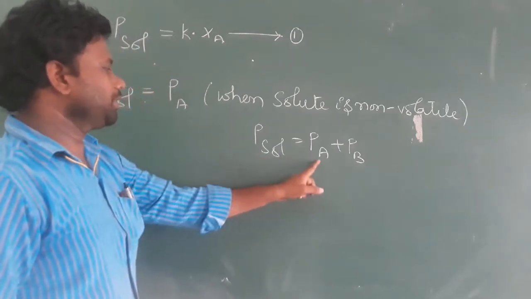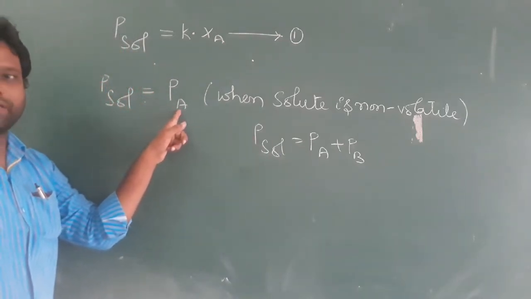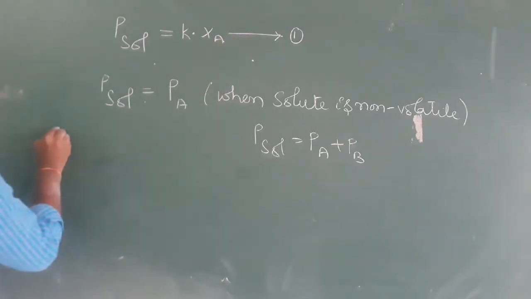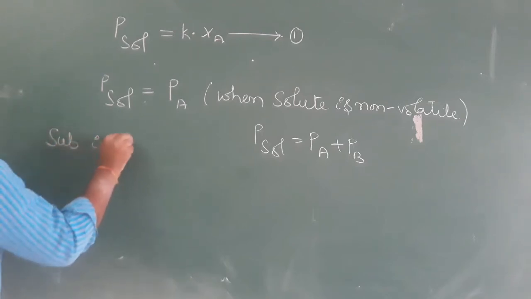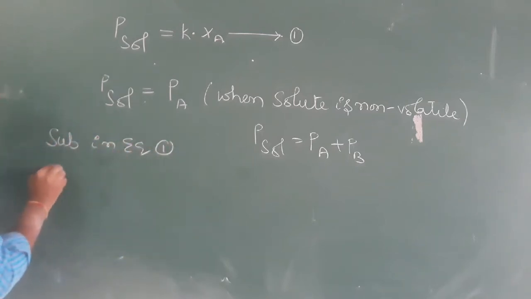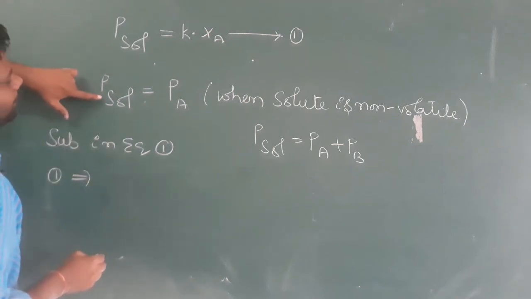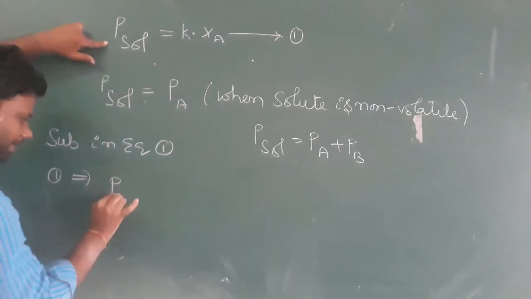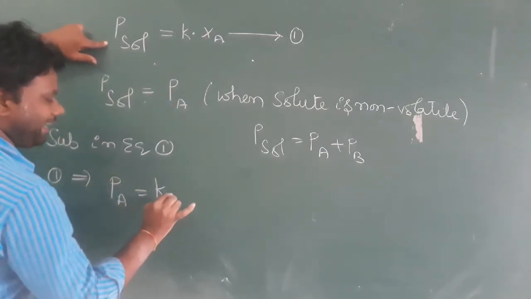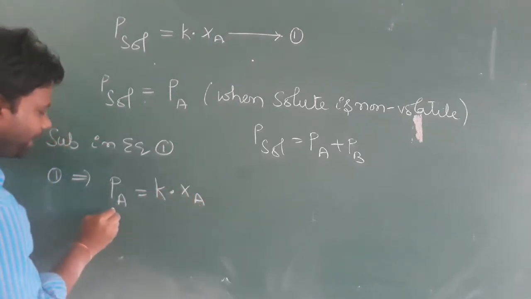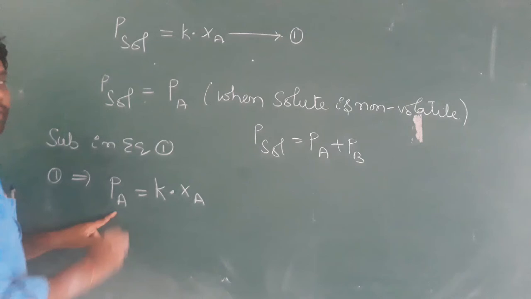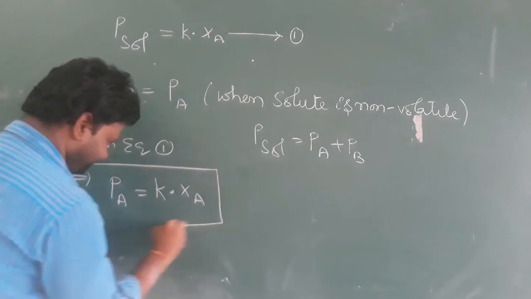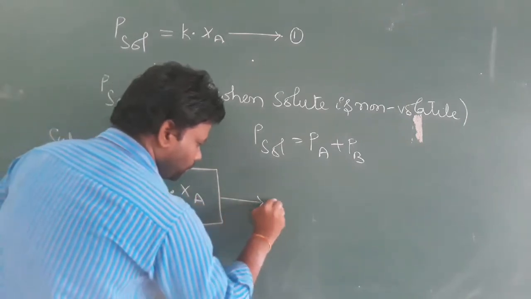Then the vapor pressure of the solution is equal to the vapor pressure of the solvent. This value we substitute in equation number 1. Vapor pressure of solution means vapor pressure of solvent, Pa. So Pa is equal to K into XA. Here Pa means vapor pressure of the solution, and K is the proportionality constant. This is equation number 2.